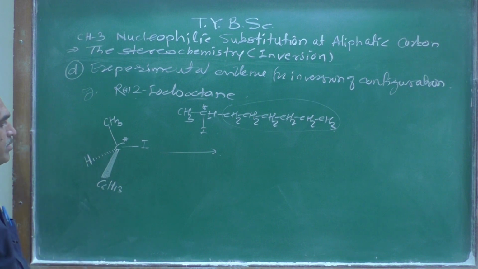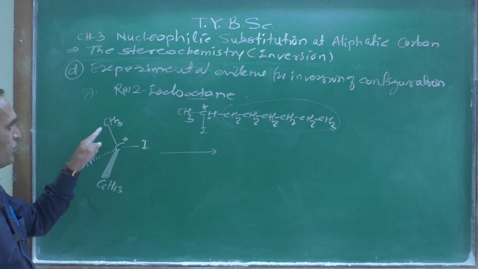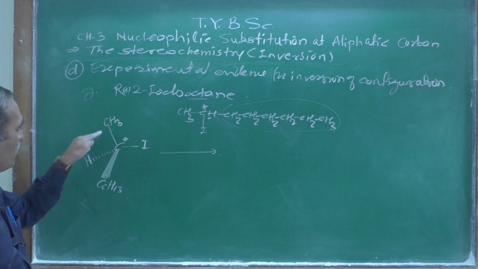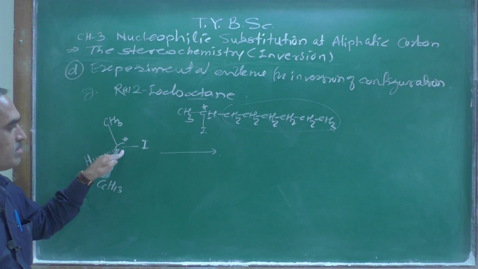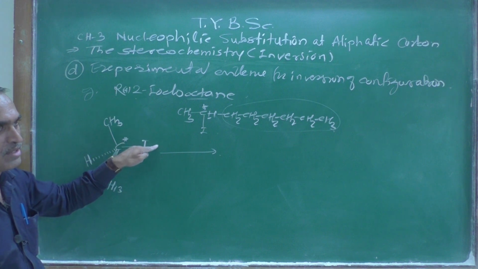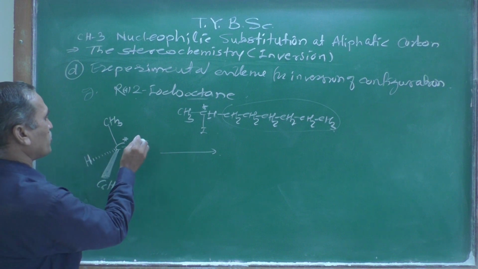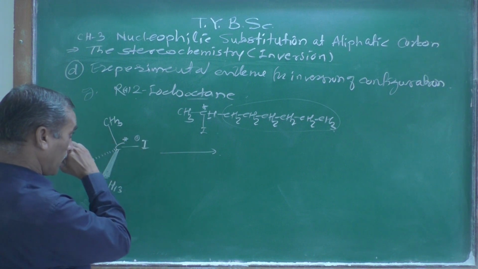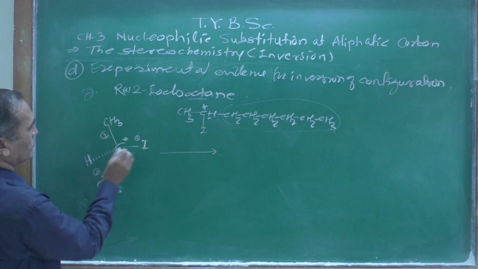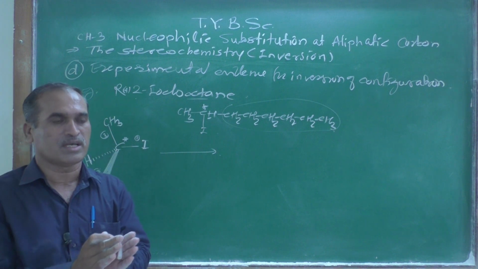Why R? Let us see. Here is iodine. If you see the atomic number of the 4 groups attached to this chiral center, you will find iodine has the highest atomic number, 53, and therefore it gets first priority, then this second, and this third. The last is the hydrogen atom, because hydrogen is the smallest.